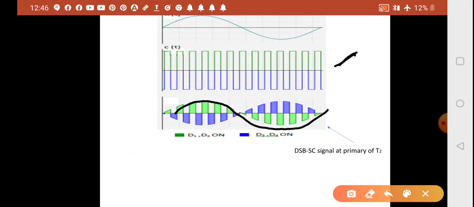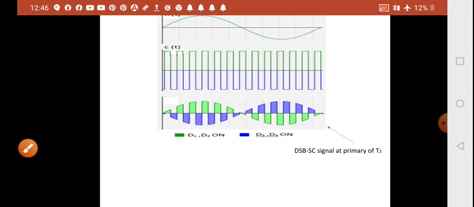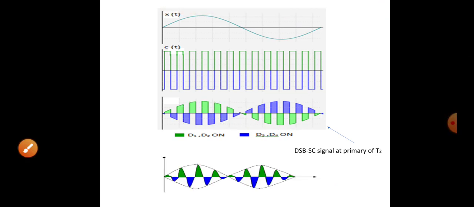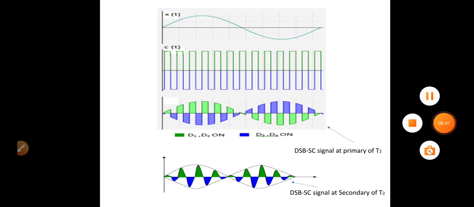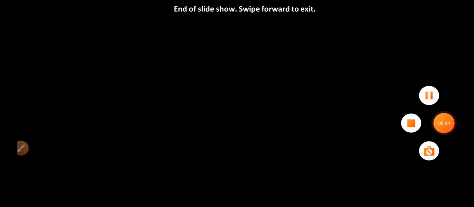When you have the negative cycle of c(t), m(t) appears negative. In this case you can see that for the green signals D1 and D2 are on, and for the purple D3 and D4 are on. So this is the DSB signal at the primary of T2 and this is the DSBSC signal at the secondary of T2. That's it for today. Thank you for your time.